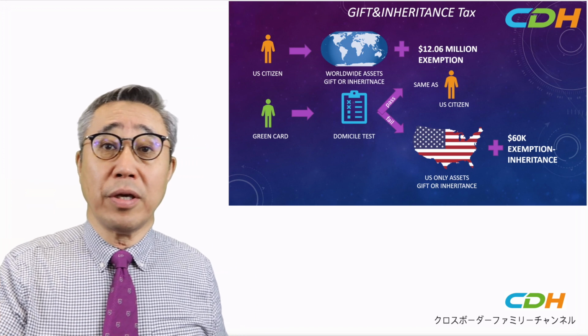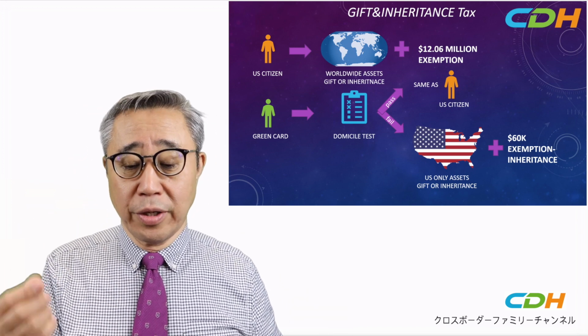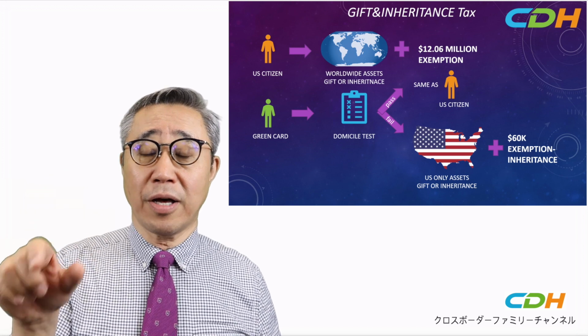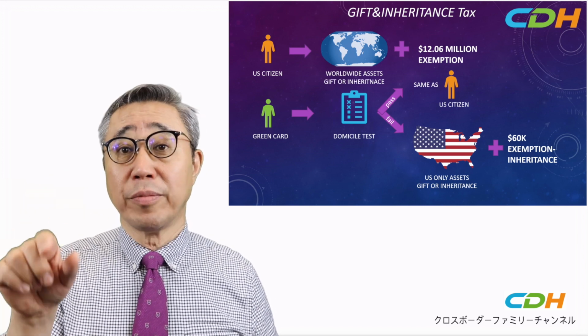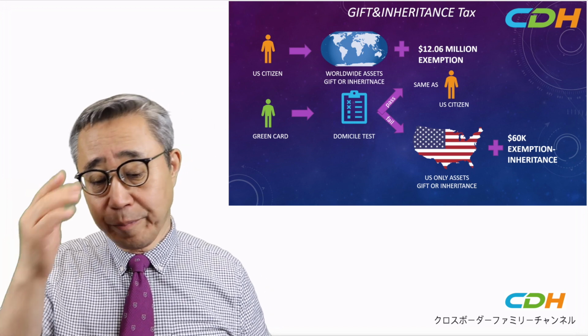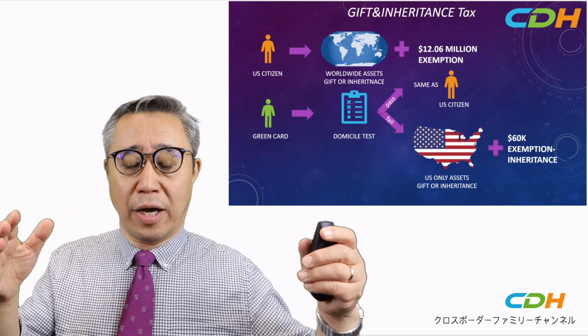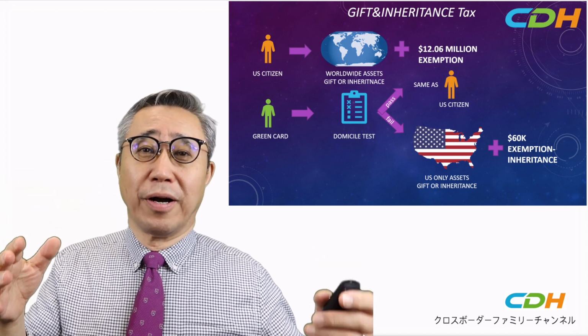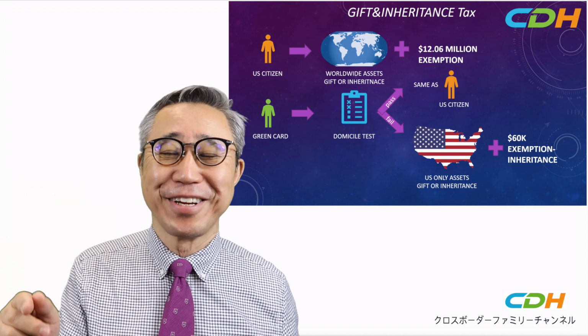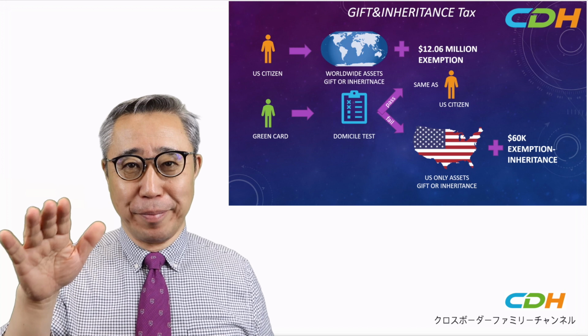So you might be asking me, okay, what about the gifts? Well, gifts, you have a $16,000 annual exemption, even if you are non-domiciled in the U.S. Okay. You might be losing me, but bear with me.